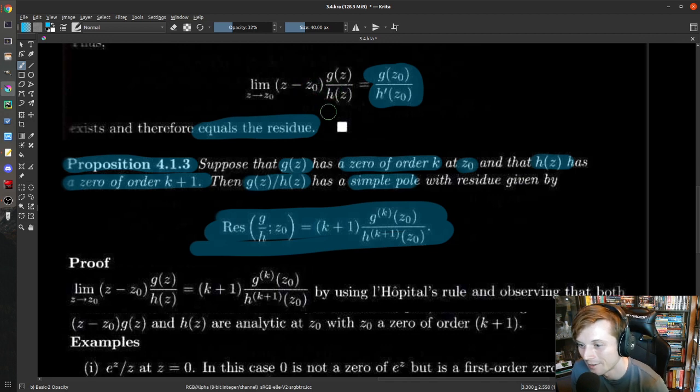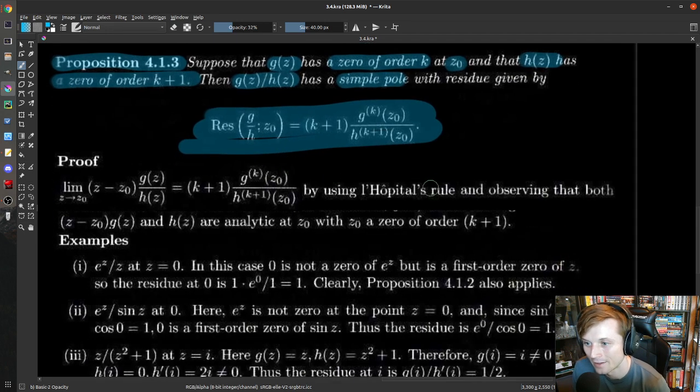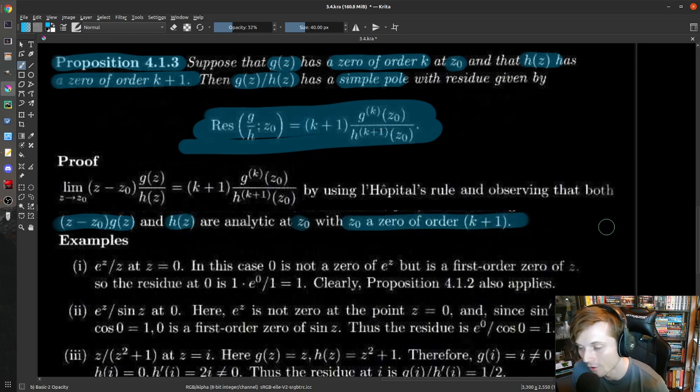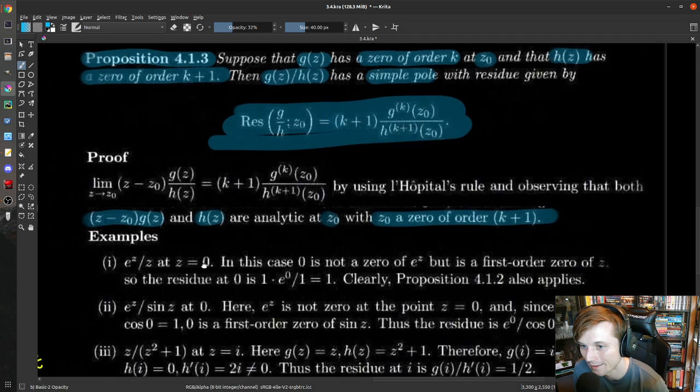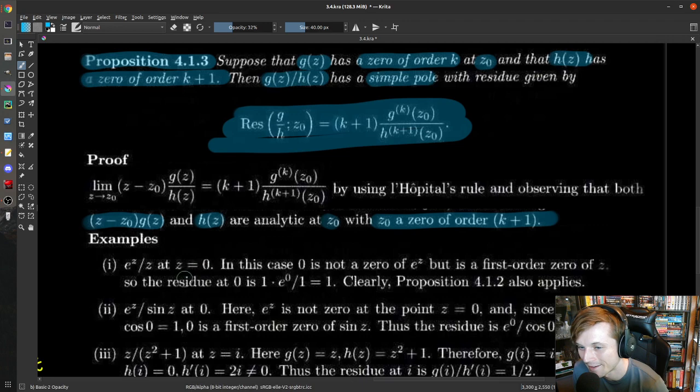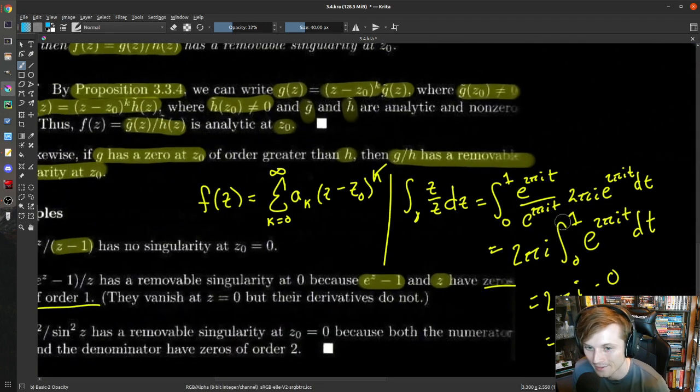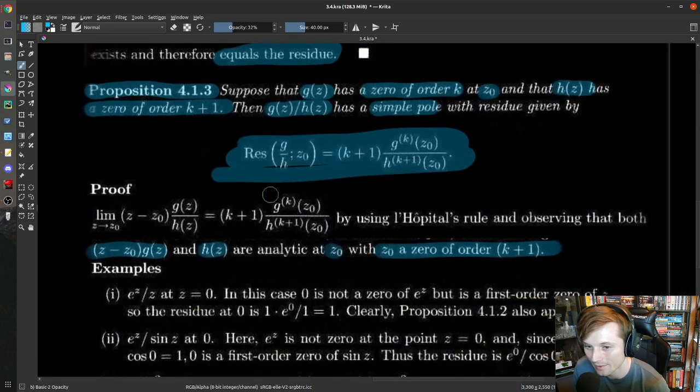So all we have to do is observe that both z minus z naught times g of z and h of z are analytic at z naught, with z naught a zero of order k plus 1. Hence, after we take k plus 1 derivatives, after all, that's the definition, this first non-zero term, we get something that's non-zero, and then we're good to go, and we can stop using L'Hopital's rule. We don't get an indeterminate form anymore.